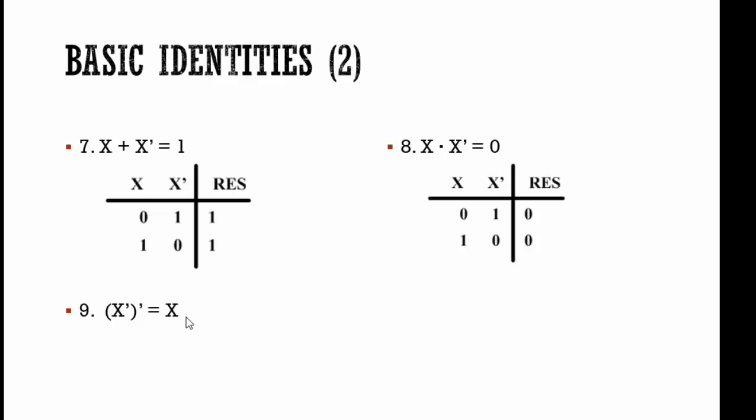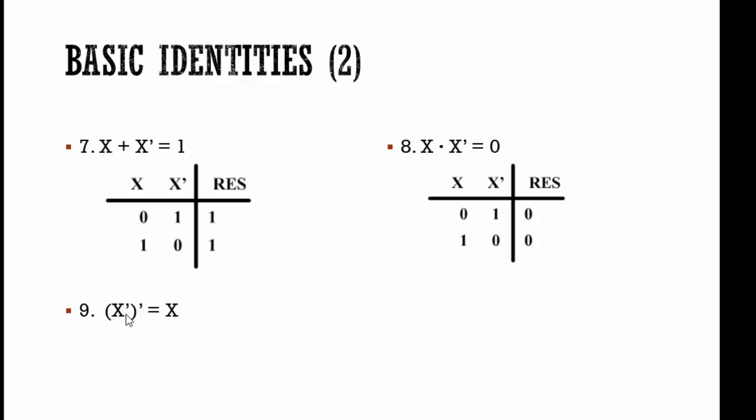On the other side, if you have a complement already and then you complement it, what happens is you negate it, or you cancel the complement. So if this is 0, the complement of 0 is 1, and then another complement of 1 is 0, so it goes back to its original value.